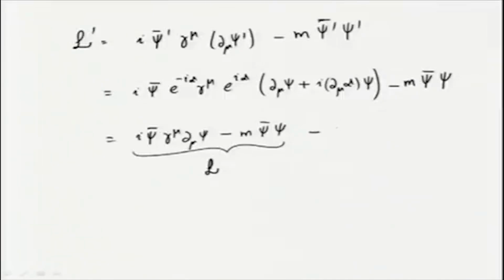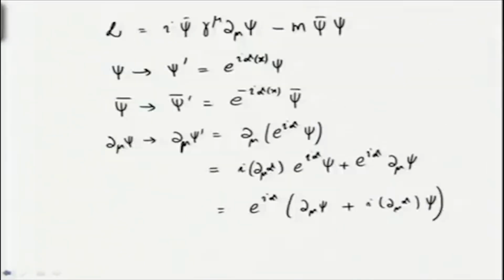So it is minus dou mu alpha psi bar gamma mu psi. So there is an additional term which makes the Lagrangian different from the original one. The question is then, this Lagrangian is not invariant under the transformation.